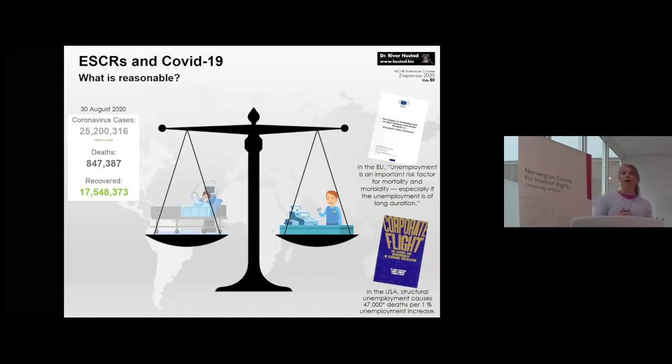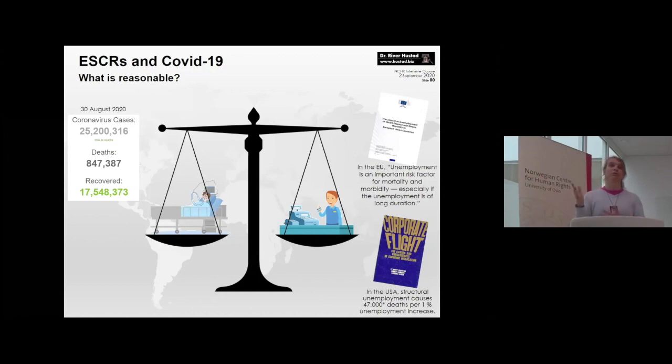The jobs may come back, but then the overall economy may be hit so hard that the jobs do not come back. And when the jobs do not come back, I think it's about 60% from heart disease, 30% from stroke, 2% from suicide, from the US study. So over a 10 or 15 year period after the unemployment, 47,000 deaths per 1%. And in the EU, they didn't have any specific numbers, but there is a link between mortality and unemployment.